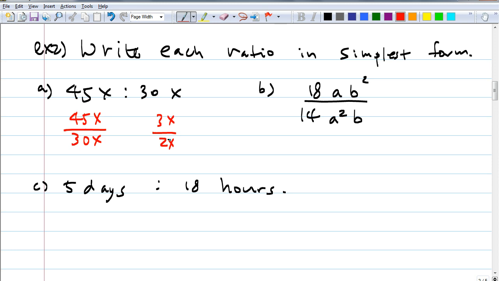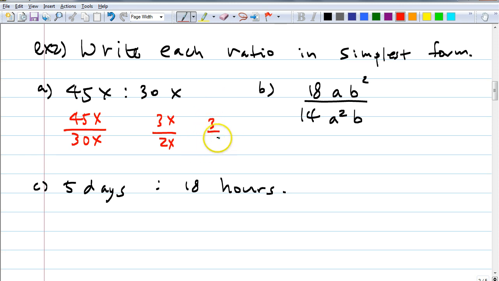Sure, you could divide top and bottom by 15, correct? Because if you have a fraction, you could divide top and bottom by the same number. Is this the simplest way to write this? Is there a way to simplify this a little further? What's x over x, by the way, Eddie? Just 3 over 2. Yeah, it actually becomes 3 over 2.